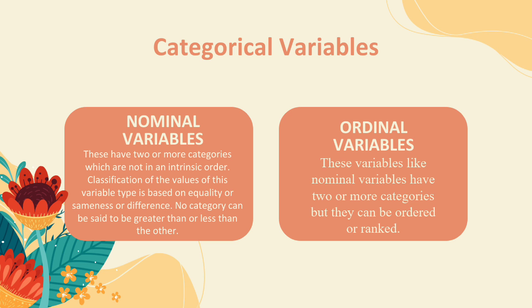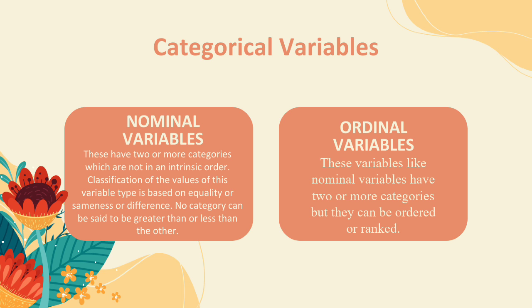These have two or more categories which are not in intrinsic order. Classification of the values of this variable type is based on equality or sameness or difference. No category can be said to be greater than or less than the other.